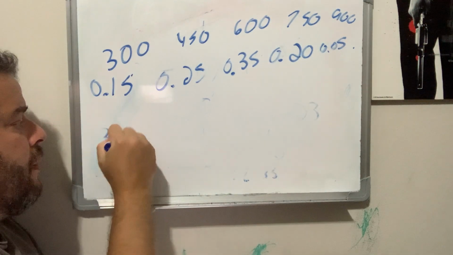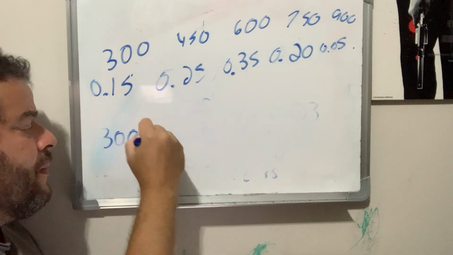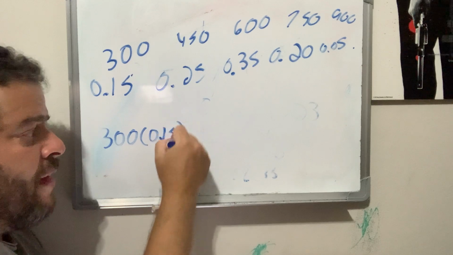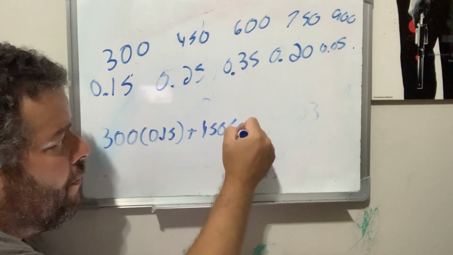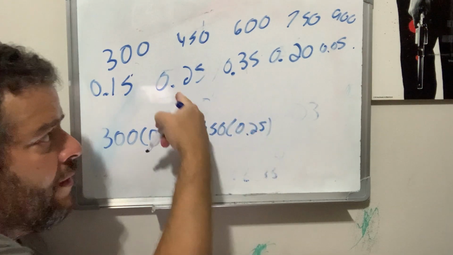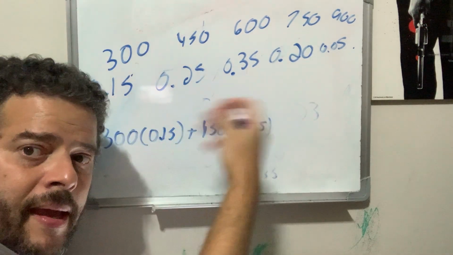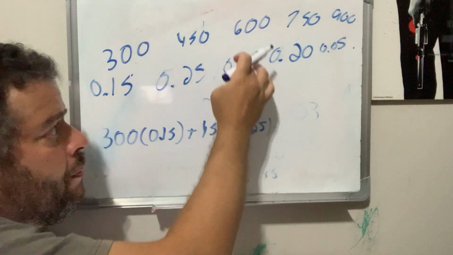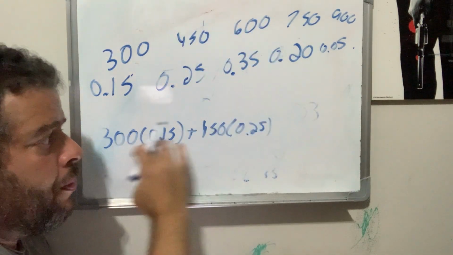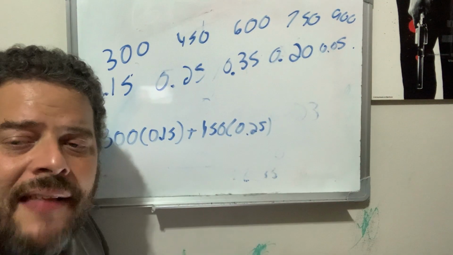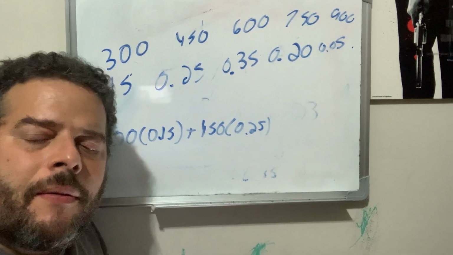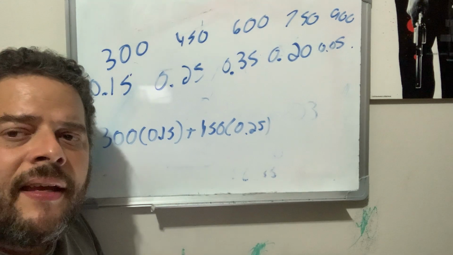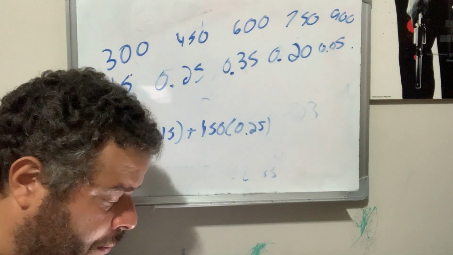So you would multiply 300 times the probability of that happening plus 450 times the probability of that happening, and so on and so forth. You're going to multiply each value by its probability, and then you're going to add that, no division needed. That's going to give you the mean value of a discrete variable.